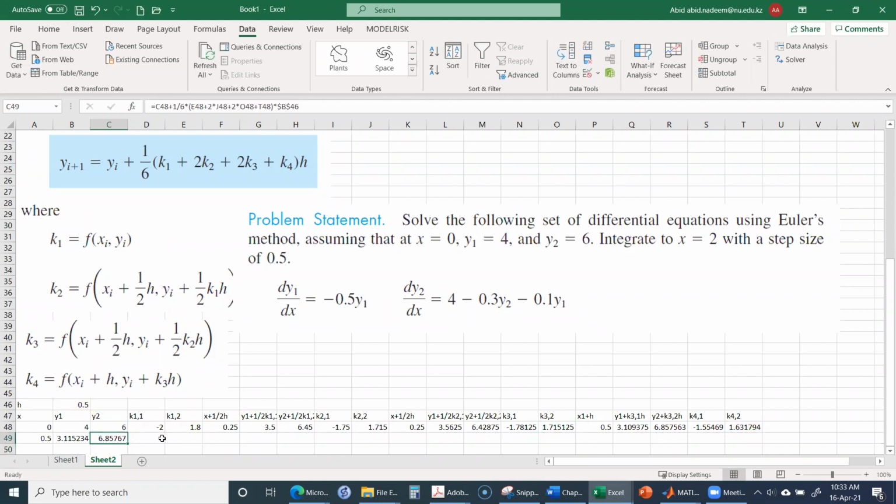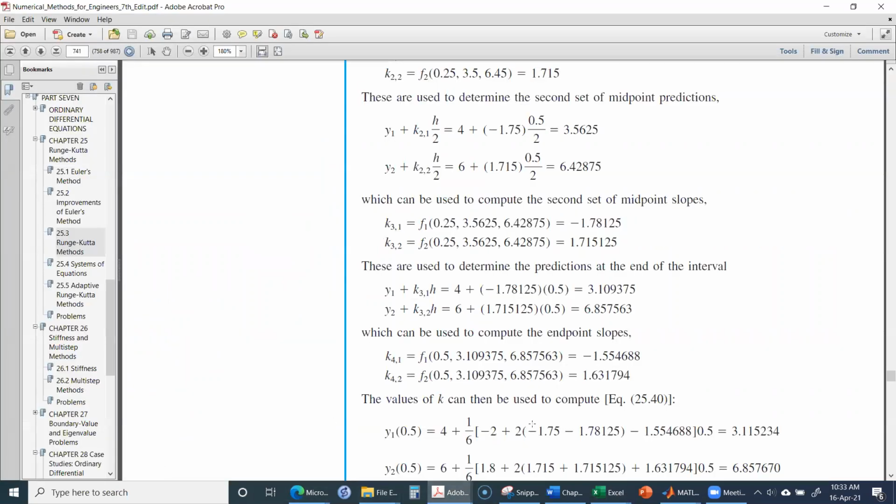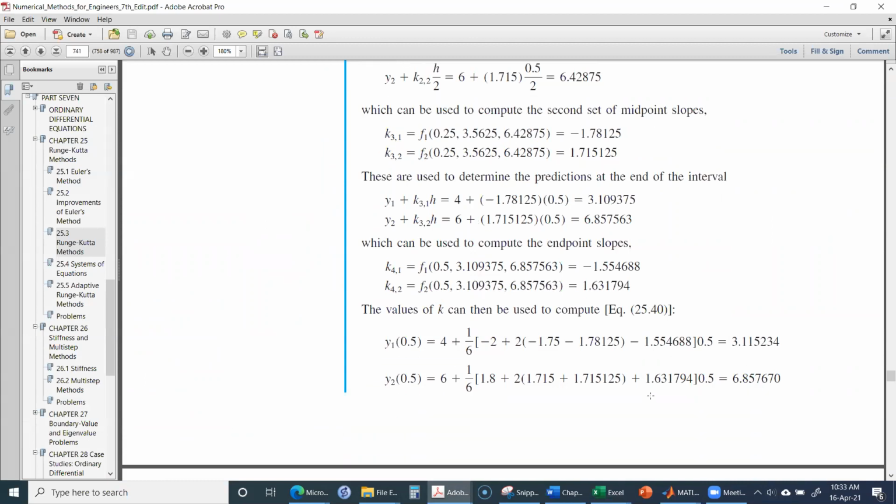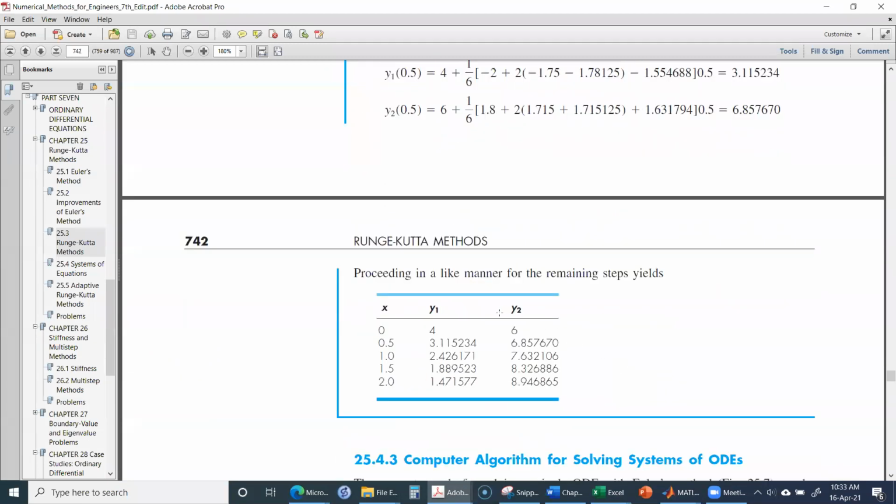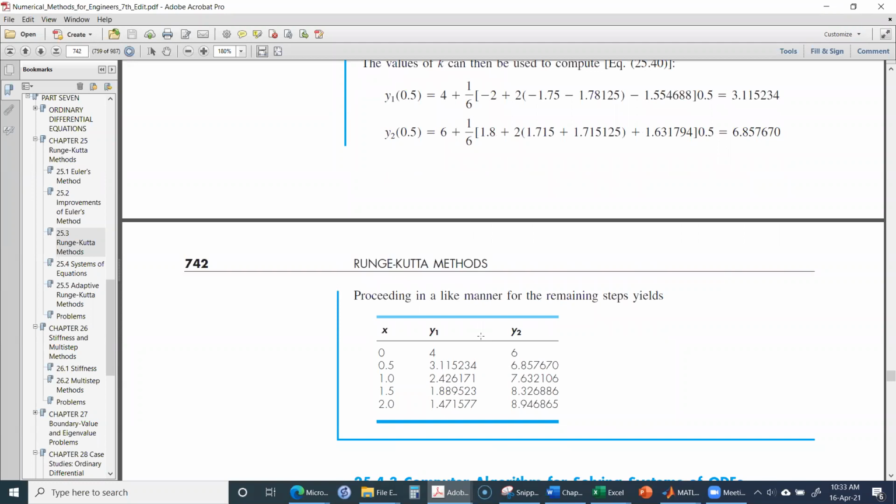So in this way, I have calculated it. So 3.11 and 6.85. And now the Excel sheet is ready, and now I should be able to calculate these values accurately.